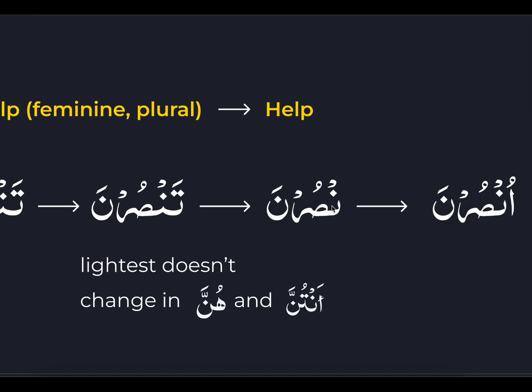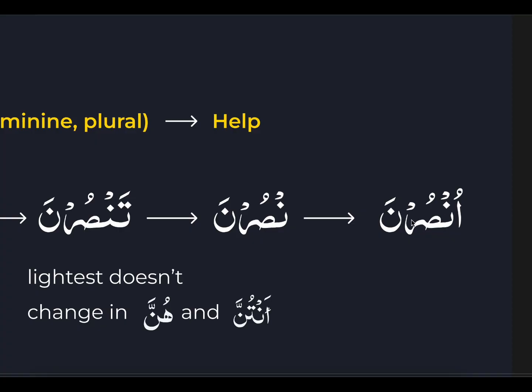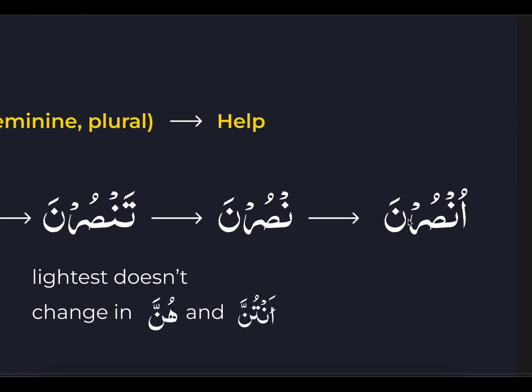The original word root was nun, sad, and ra. This may sound a little advanced to you, but know that this nun came later with antunna. The original word root is nun, sad, and ra. So this is your last letter and this is your second last letter. And the second last letter has u. So alif is going to get u. So unsurna. Unsurna means help. That's a command.